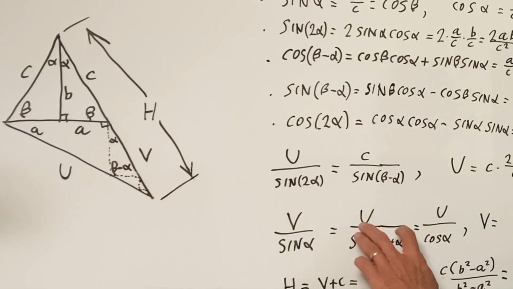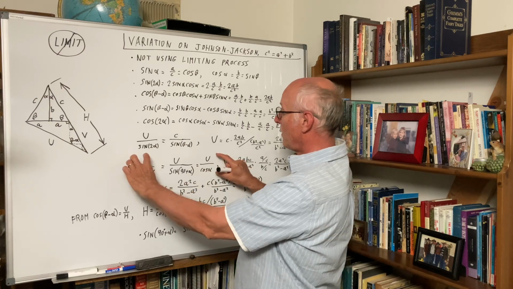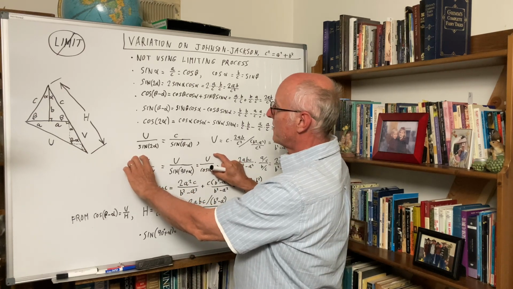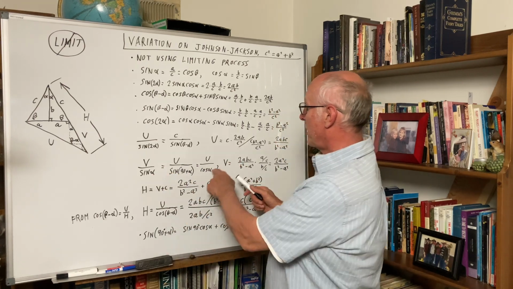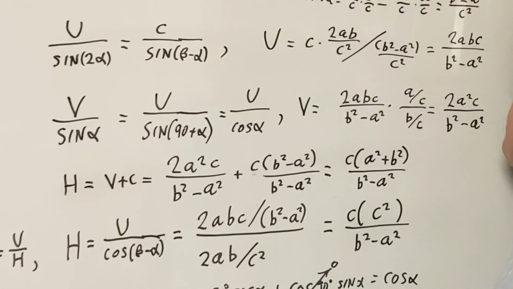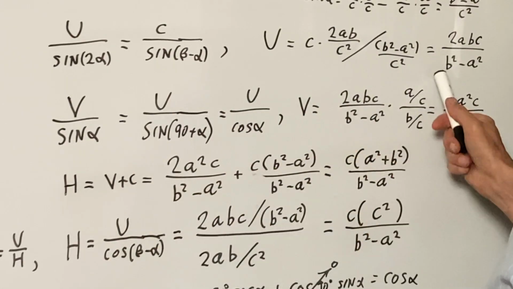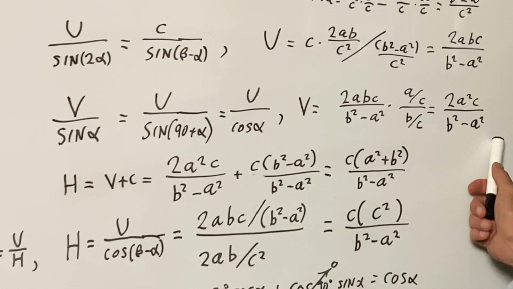So this is another law of sines, but sine of 90 plus alpha is cosine alpha. So the law of sines basically gives us v is to sine alpha as u is to cosine alpha. Rearrange, plug in the ratio versions, and you get v equals 2a squared c over b squared minus a squared.